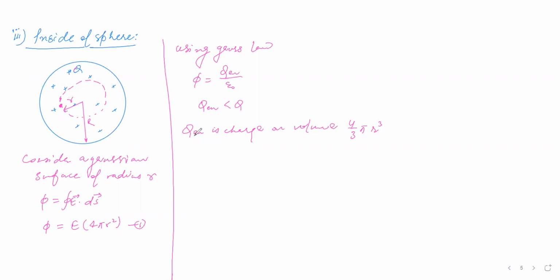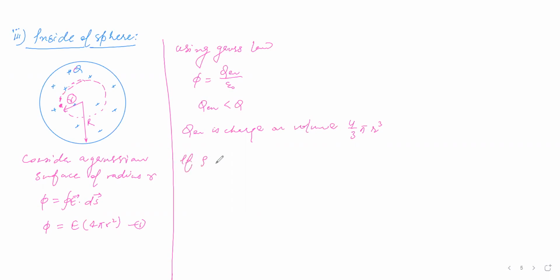I mean, that amount of enclosed charge which lies in radius small r, not in all of the radius capital R. Do you understand it or not? Hello? Yes, sir. Okay.